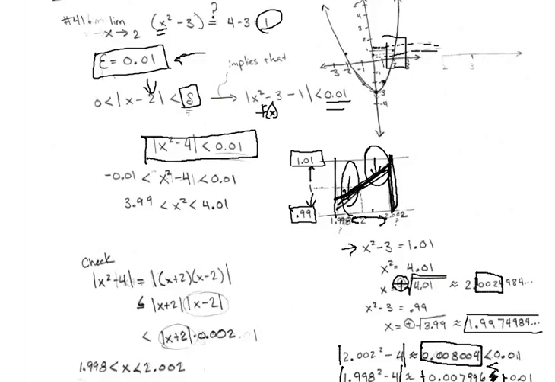So I make a little bit of a check, right? My check will be that I'll rewrite this inequality, the absolute value of x squared minus 4. And I'll factor the x squared minus 4 into two different quantities, x plus 2 and x minus 2, and take the absolute value of that.